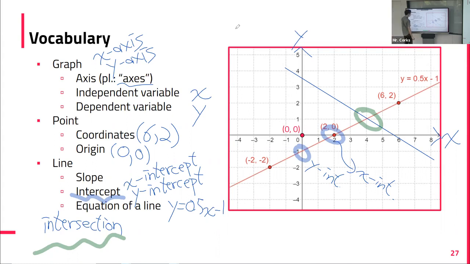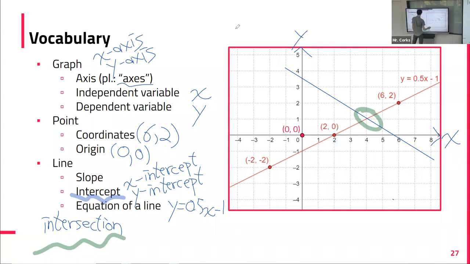Can you give me a little more detail? What's a rise? What's a run? A rise is basically the change in the y-axis, the y coordinates, and the run is for the x-axis. Yeah, something like that. Okay, so it's a ratio between the changes in the y values and the changes in the x values.